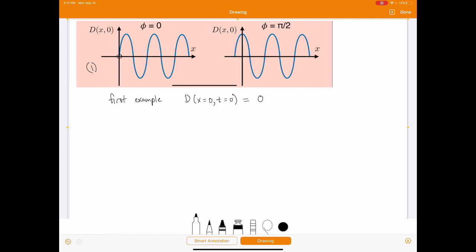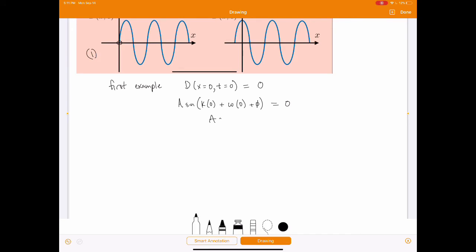And remember, this function is a times sine of kx, so I'll say k times 0 because x is equal to 0, plus omega times time, and again, t is equal to 0 here, and then plus phi. All of that is equal to 0. So a times sine of phi is equal to 0. In other words, sine of phi is equal to 0 in that first example.